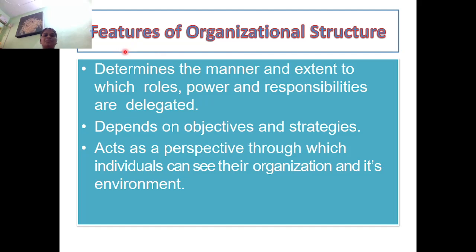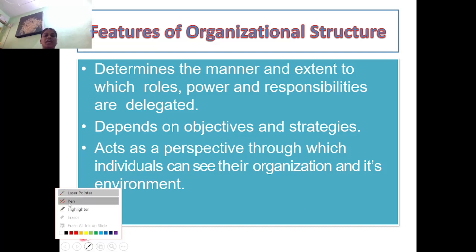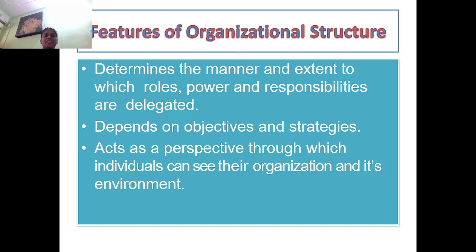Next, features of organizational structure. It determines the manner in which the roles, powers and responsibilities are delegated.